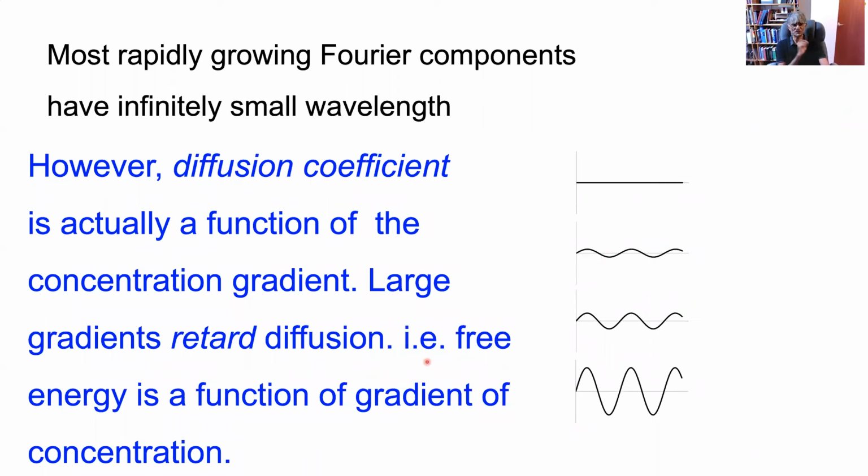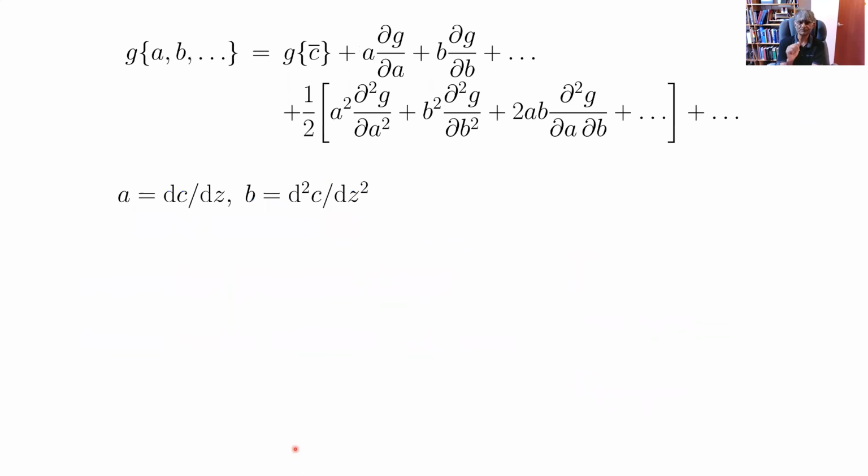And the origin of that is that the free energy is actually a function of the gradient of the concentration as well as of the average concentration. So if I show you what Hilliard did in his review on spinodal decomposition in one of the classic phase transformation books in our subject, he expressed the free energy of a heterogeneous solution as a function of the gradient.